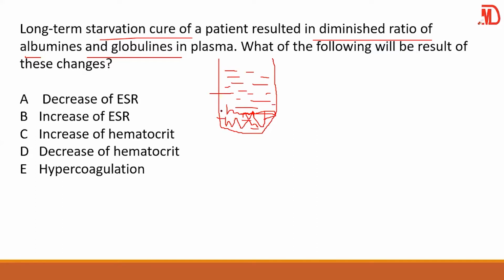But this is the erythrocyte sedimentation rate. So in an hour, we got this value. Do you understand me? It's all about the rate at which red blood cells can sediment in 1 hour.